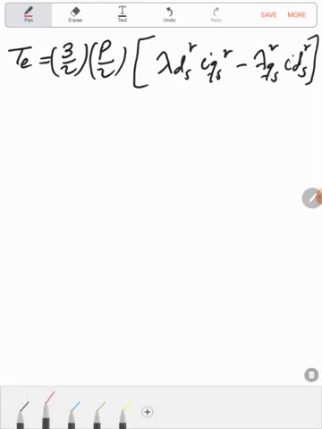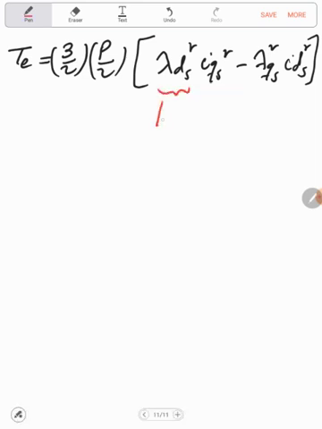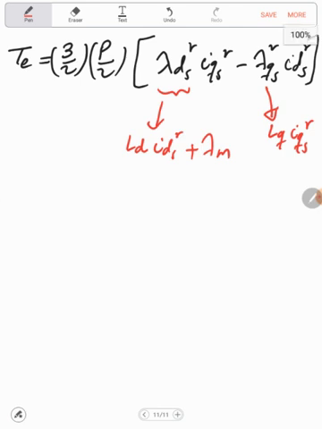Now we can substitute instead of lambda dS, which is the LD idSR plus lambda m, and we can substitute instead of lambda qSR its expression, which is the LQ iqSR.